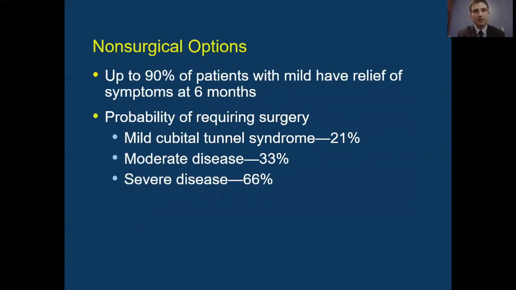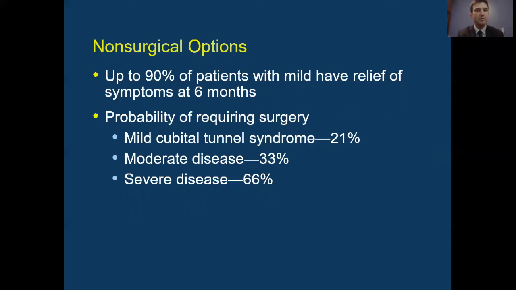So in up to 90% of patients, particularly with the mild symptoms, report some relief at 6 months after beginning splinting. The probability of requiring surgery at 1 year after conservative management is about 20% in the mild, where 80% have persistent relief at 1 year.